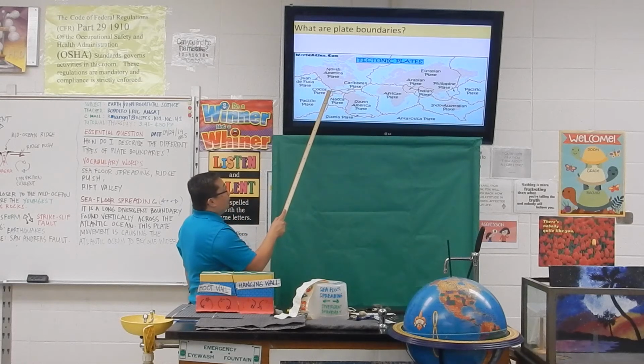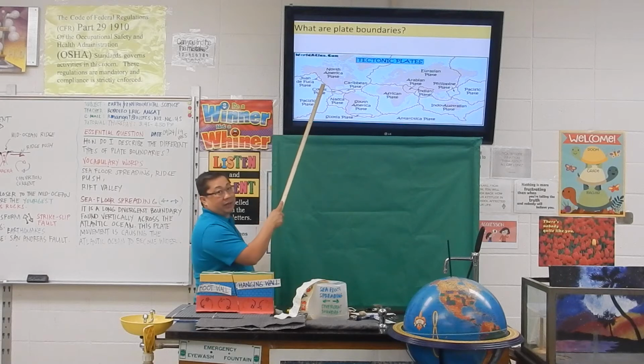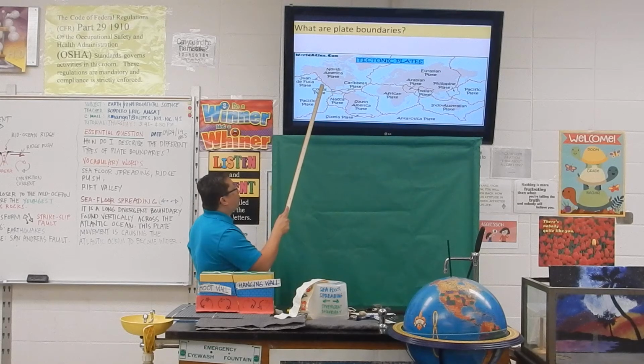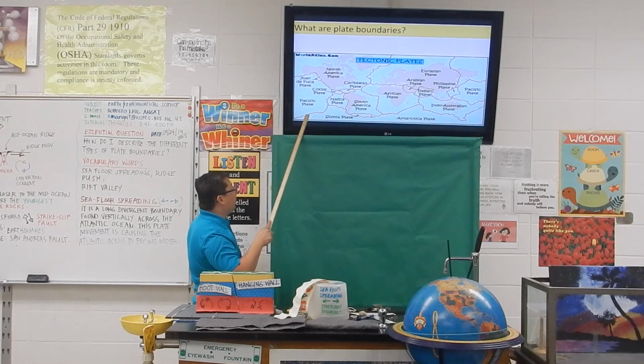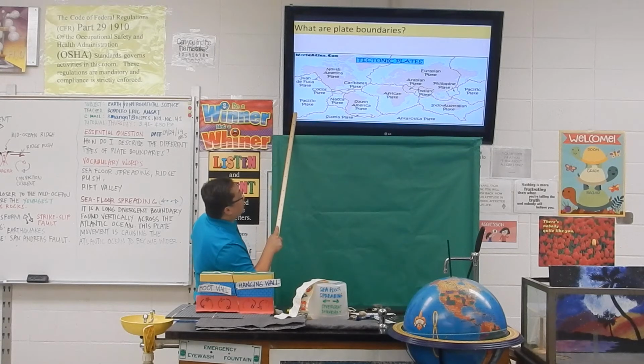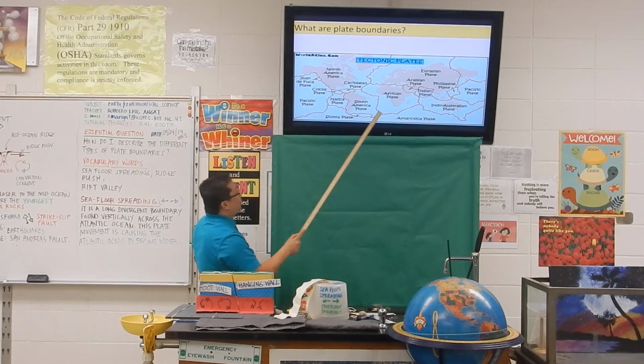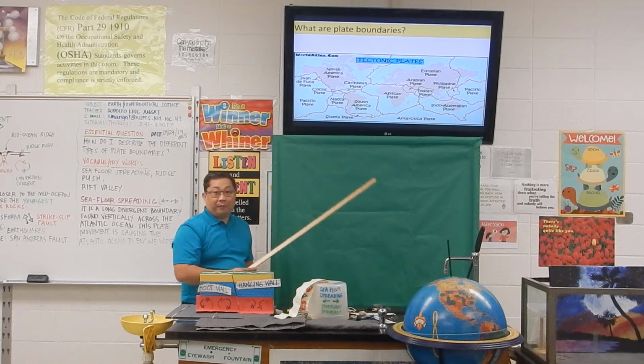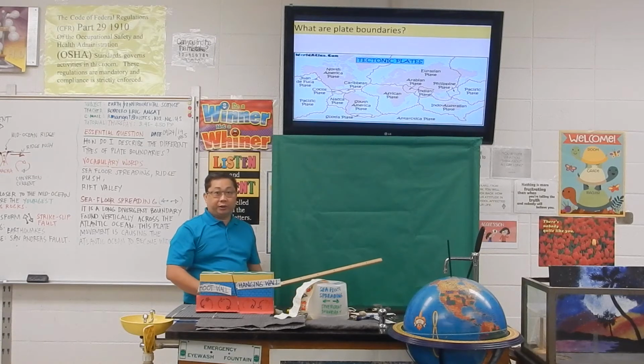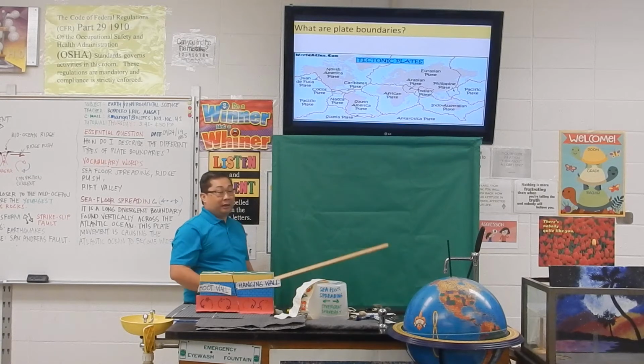As you can see, California, which is on the western side of the United States, is along this very long boundary which is called the Pacific Ring of Fire. This Pacific Ring of Fire extends to the other side right there, and it is the place where most earthquakes happen.